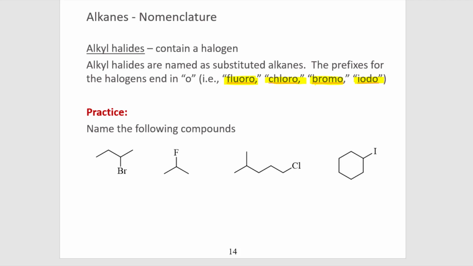First one, find longest parent chain. 1, 2, 3, 4. Okay, 4 is the longest carbon chain. It's butane. And I'm going to start numbering on the right because I'll hit the bromine faster that way. So I see that I have a 2-bromo. So this is 2-bromobutane.